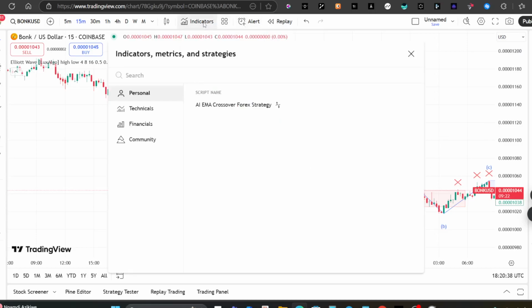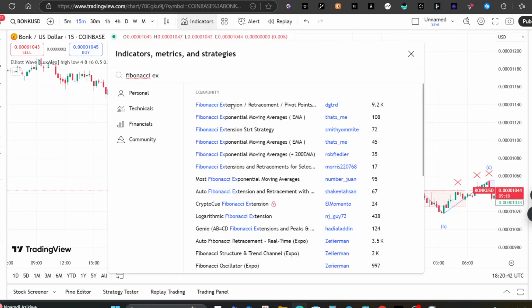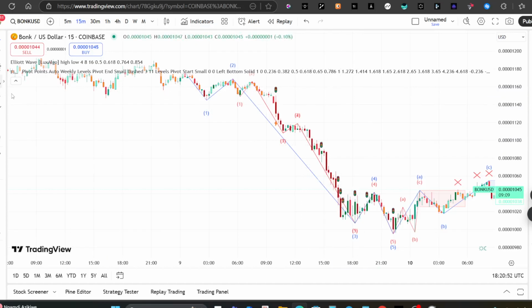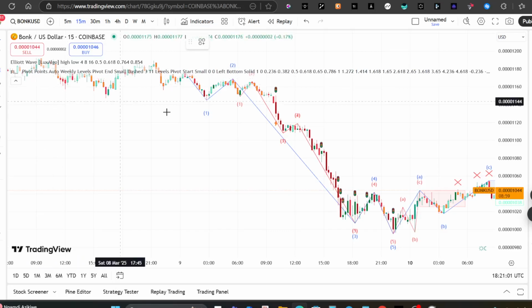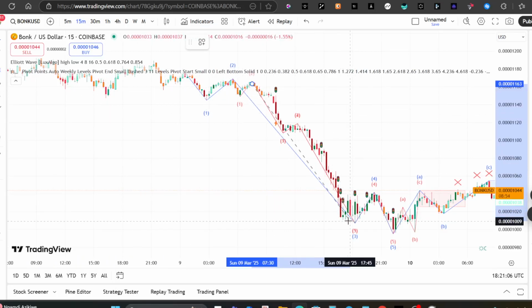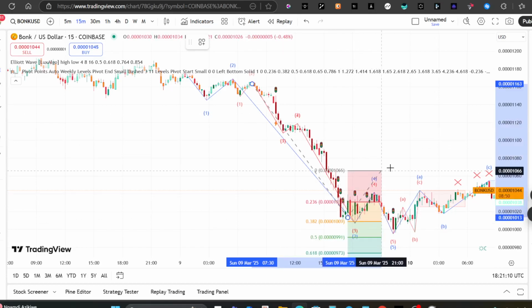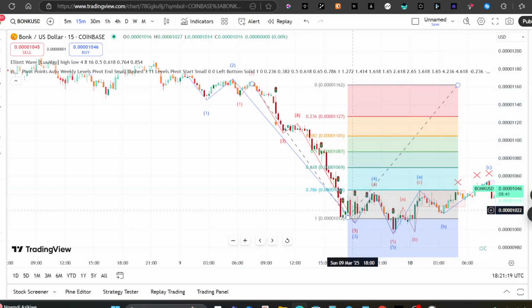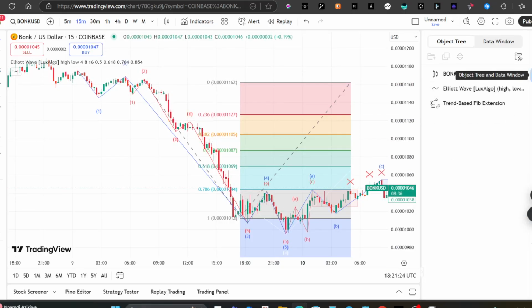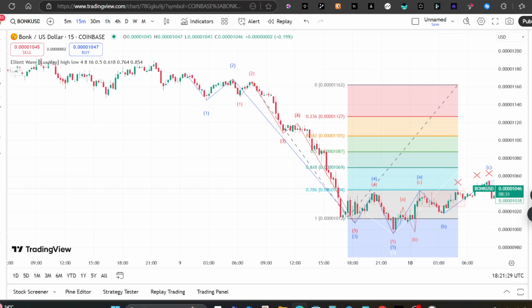Fibonacci levels such as 161.8%, 261.8%, and 423.6% are frequently used to identify potential target levels for extended waves.